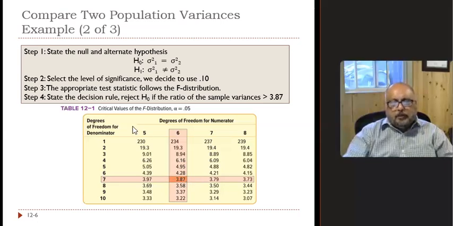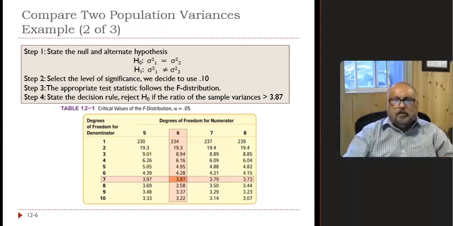So basically, in step number 4, we can reject H naught, the null hypothesis, if the ratio of the sample variances is greater than this critical value 3.87. So basically we go into the rejection region.